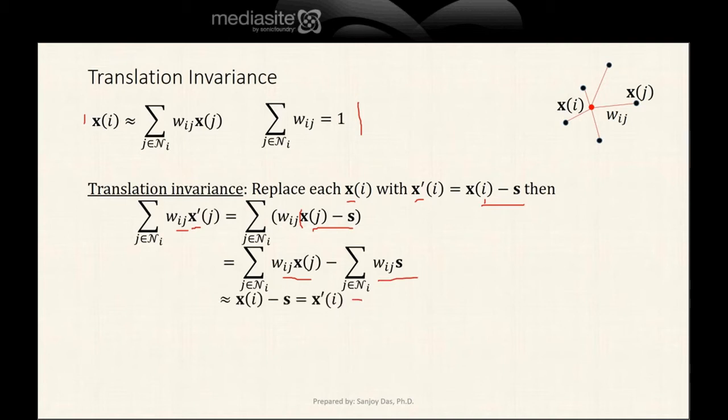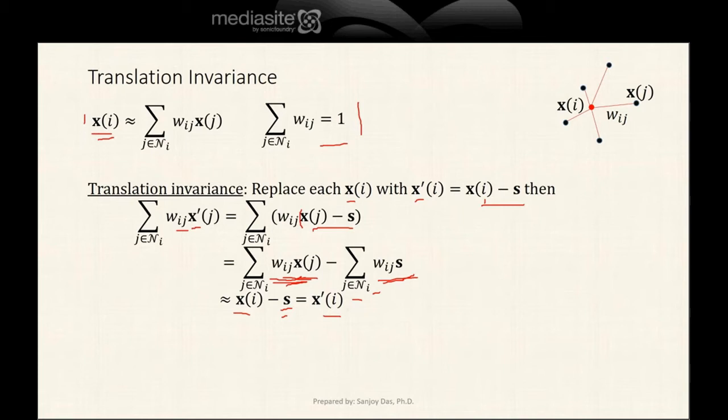Now the first term is approximately equal to xi. This we assume to be true. This weighted sum of the xj's was equal to xi, because these are the original xj's, not translated. And the summation wij is 1, and s is a constant, whence the second term is simply s. So the first term is xi and the second term is s, so that is equal to xi prime.